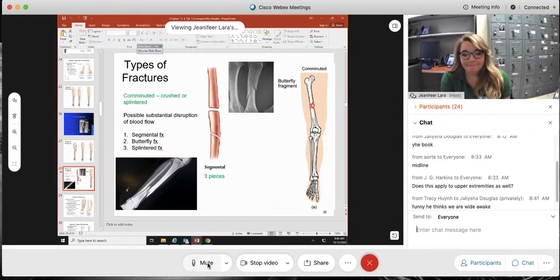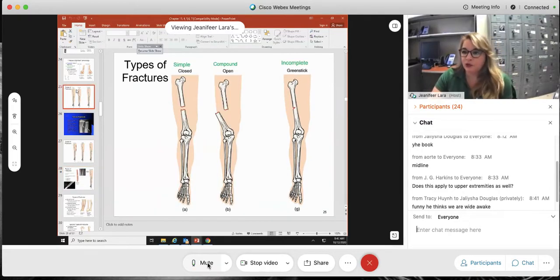Doesn't the one with the break through the skin need a surgery case? It does, but you have to take an x-ray first. So if you're in the shock room, are you going to be turning this leg? No, you're not. Not without a doctor. You're going to make sure that this is pretty stable. Chances are this person's going to be on a backboard. Chances are they're going to be immobilized so that you don't further cut any arteries.